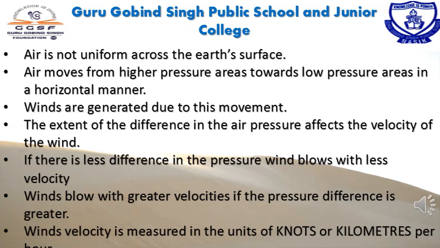If there is less difference in the pressure, wind blows with less velocity, and wind blows with a greater velocity if the pressure difference is greater. Children, wind's velocity is measured in the units of knots or kilometers per hour.